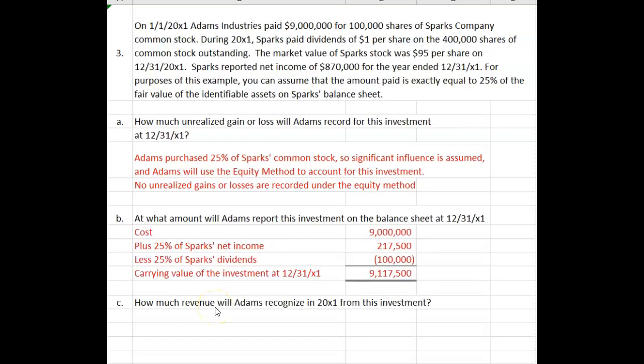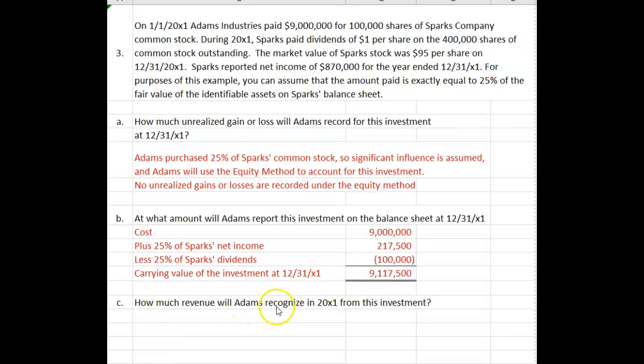Adams will report the investment at 12/31/X1 in the amount of $9,117,500, calculated as cost of $9 million plus 25% of Sparks' net income, $217,500, less 25% of Sparks' dividends, $100,000, equals the investment's carrying value on Adams' balance sheet at 12/31/X1 of $9,117,500.